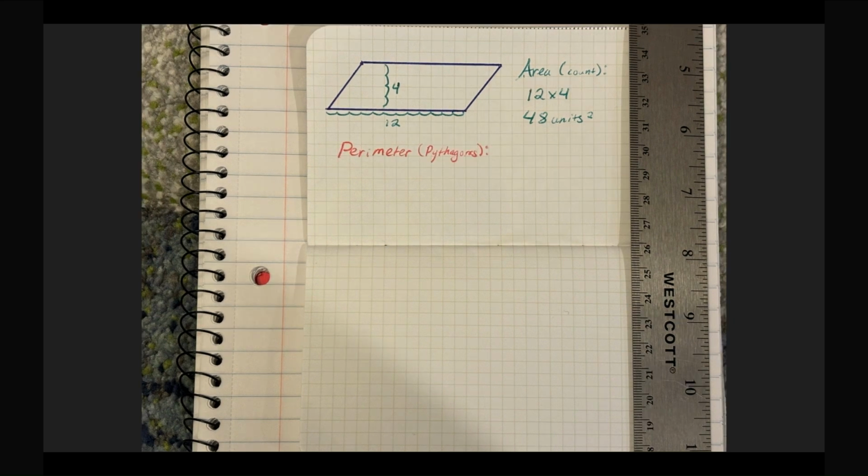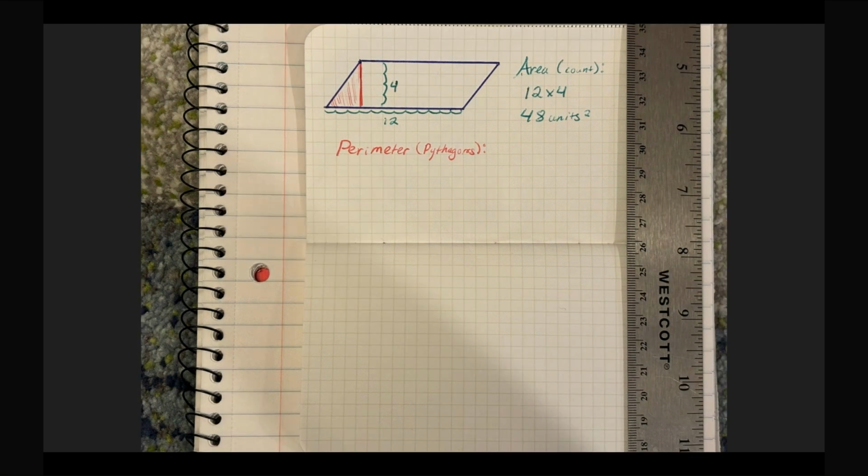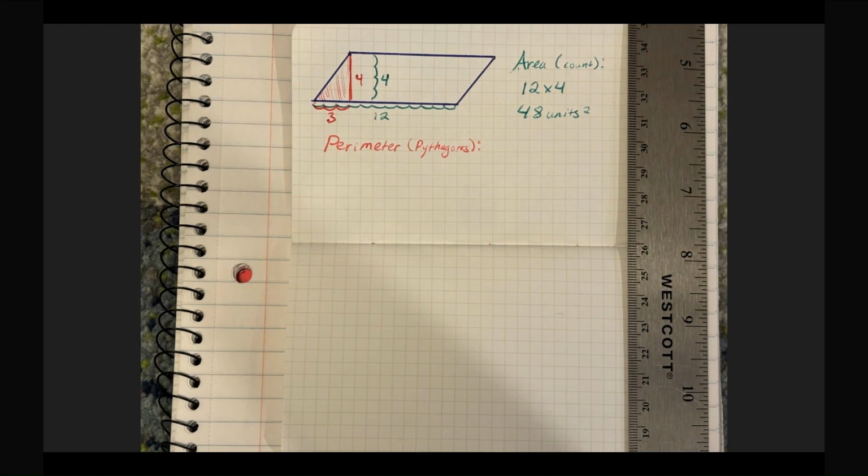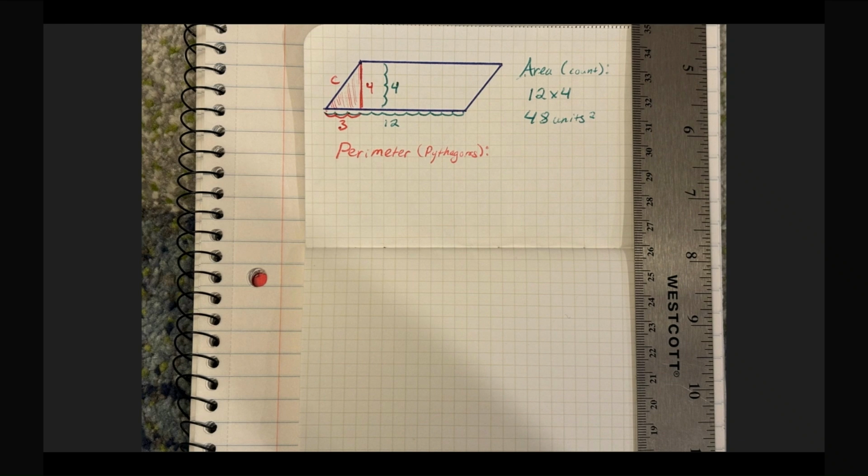For the perimeter, we're going to have to use the Pythagorean theorem, which means that we're going to have to highlight a right triangle for ourselves on one side of the parallelogram. I've chosen to do it on the left here. You could do it on the right, it wouldn't make a difference. So in this right triangle, we can count the base and the height, see that the base of the right triangle is 3, the height is 4, and we will call that slant side c because it's the hypotenuse.